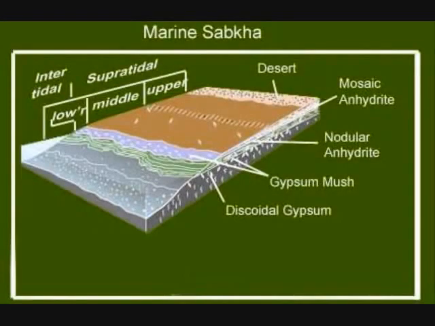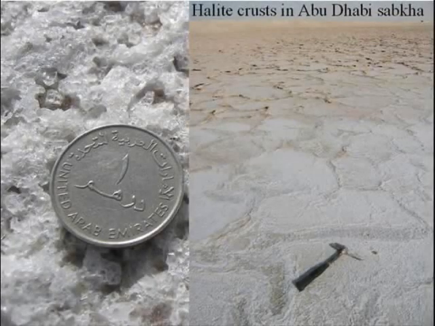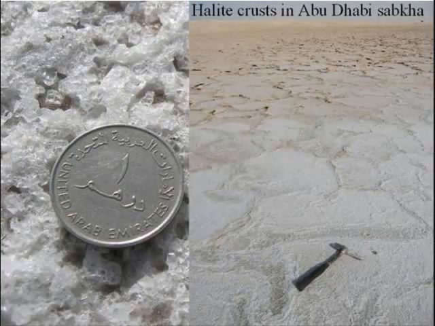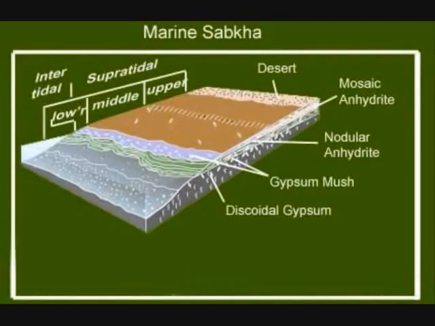It is these three layers that define a sabkha. What is interesting about a sabkha is these hard layers are impermeable to oil and form a seal or trap. Many times we find oil trapped under sabkhas. Again, geologists look for underground sabkhas.